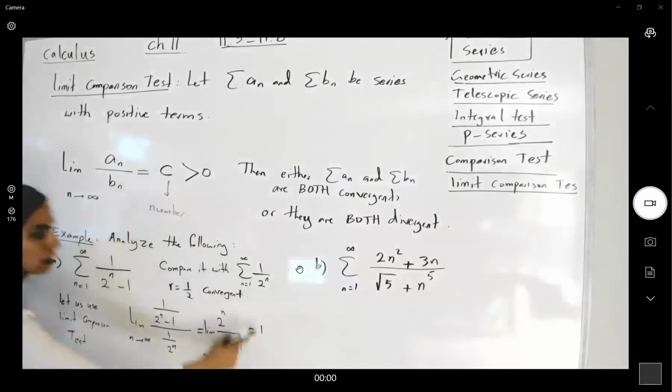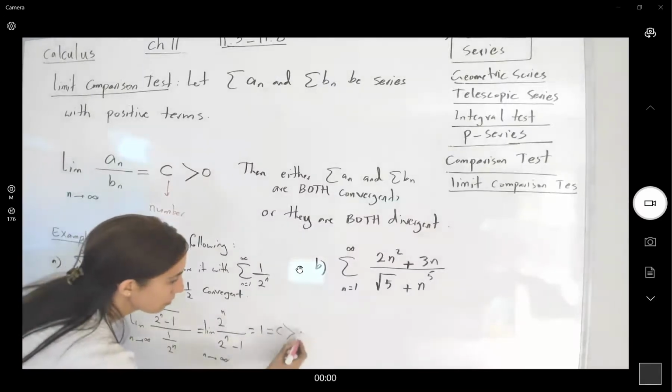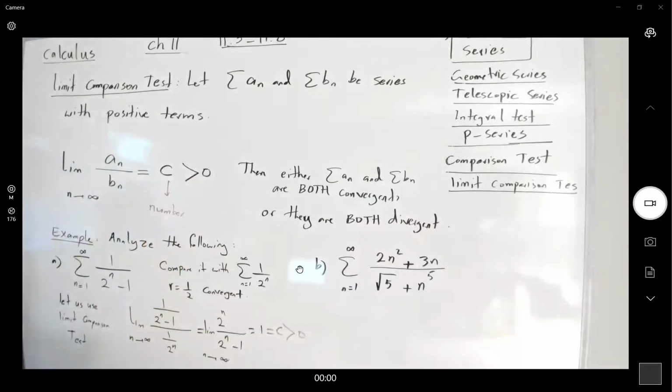So c is positive, it is 1. So it means that these two series are either both convergent or both divergent. Since I have a convergent geometric series, this series must be convergent.